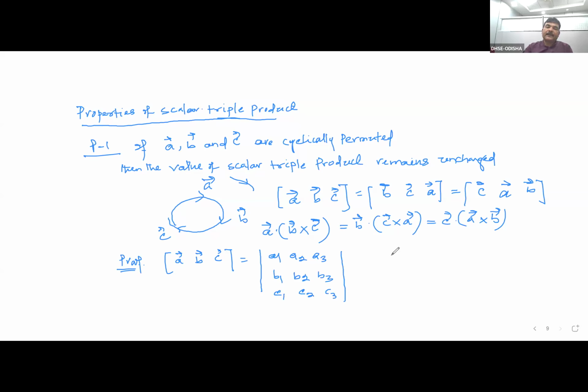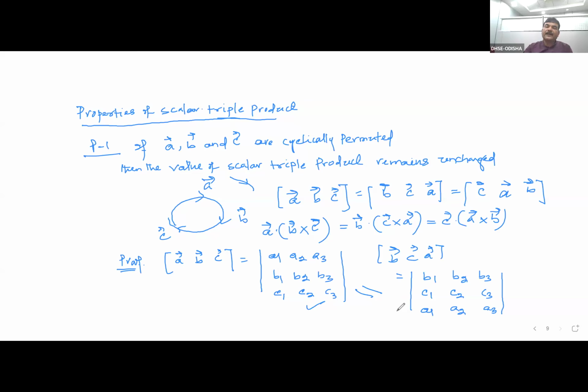Similarly, box product BCA will be the determinant with rows B1, B2, B3; C1, C2, C3; A1, A2, A3. These two determinants are equal.